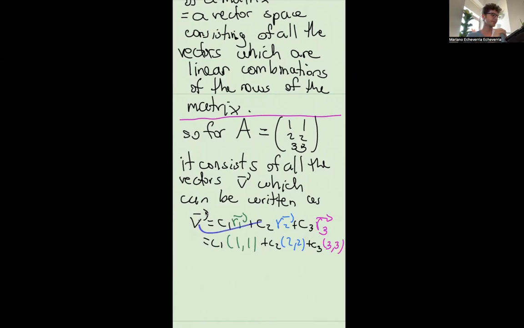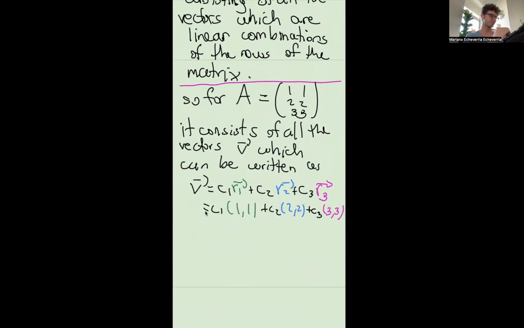Can anyone tell something that's happening here with the row vectors? How is the second one related to the first one, for example? They're just multiples. I chose it so that would happen.